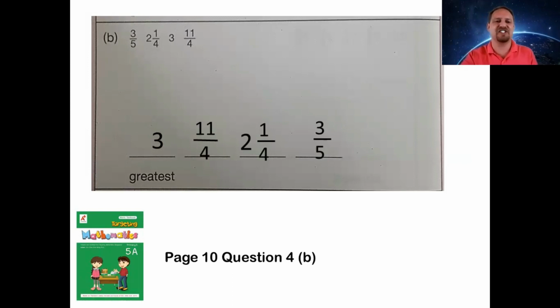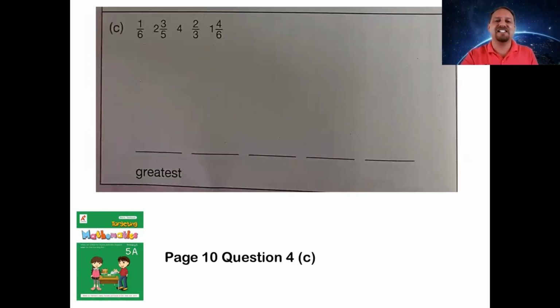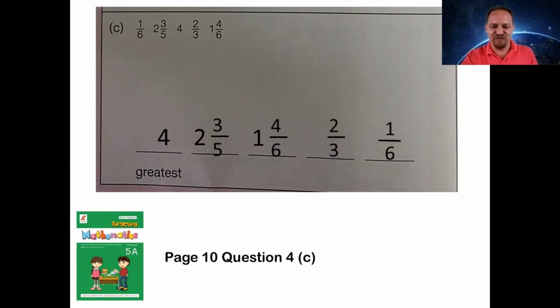And last question, C. Greatest, we start with the whole number 4, followed by 2 and 3 over 5, 1 and 4 over 6, 2 over 3, and 1 over 6.